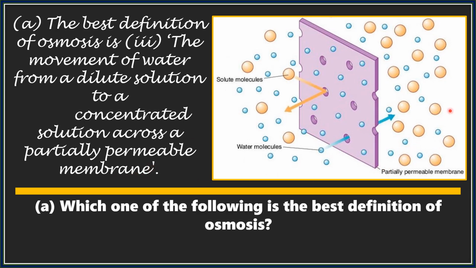Let us look at this structure here. When you look at it, we have a partially permeable membrane here, separating two solutions. There is a solution this side and another solution on the other side. Now we have these big particles that you are seeing here. These are solute molecules. And then we have these small blue particles.